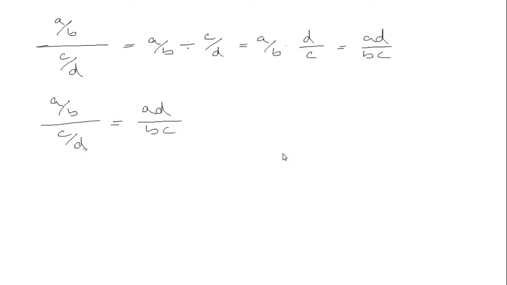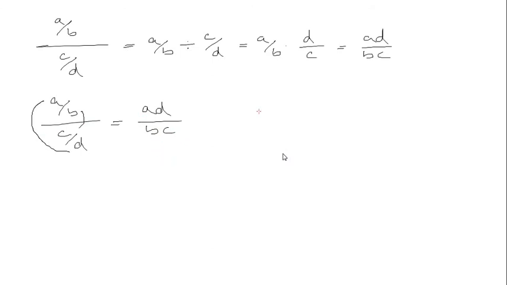You can memorize this as a formula, and the way I memorize it is that the two numbers that are farther away from each other, I multiply them and write them on top as the numerator, and the two numbers that are closer to each other, b and c, I multiply them and write them as the denominator. So you can memorize this as a formula.